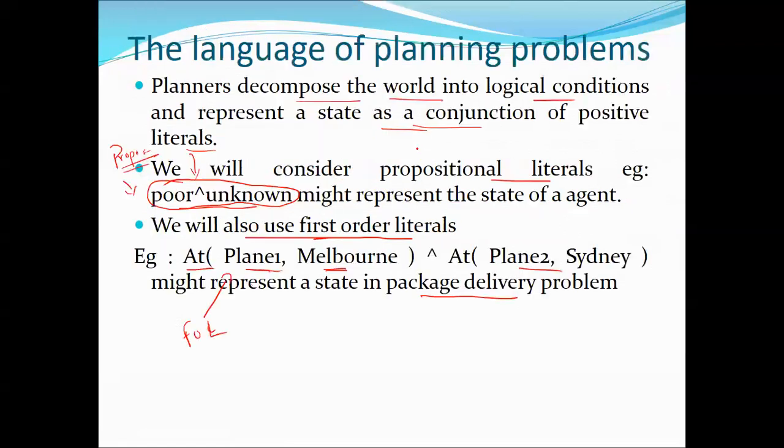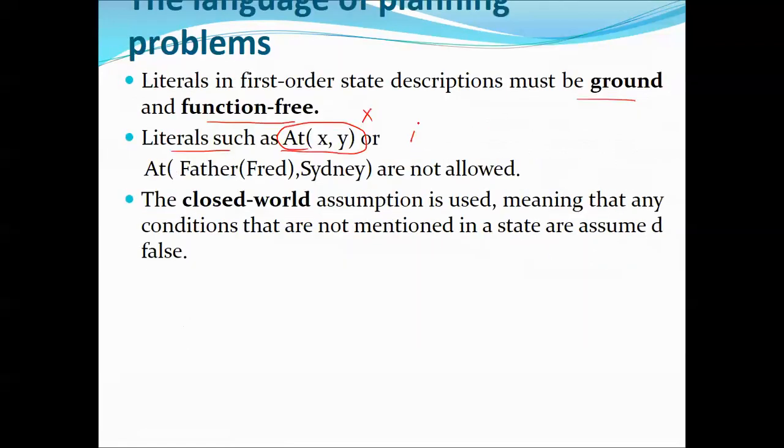You can say At(Plane3, NewYork), that is okay, because Plane3 is a ground term and NewYork is a ground term. In the first order description, you can use ground terms directly, but you are not supposed to use variables.